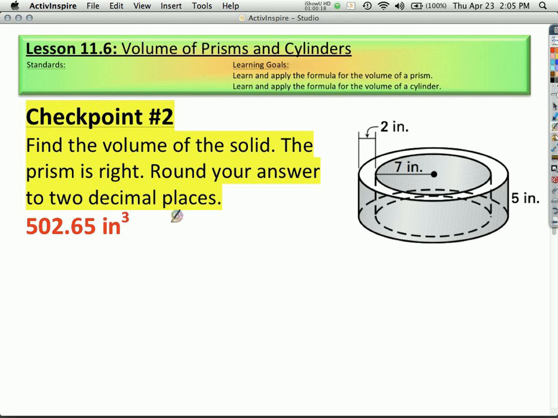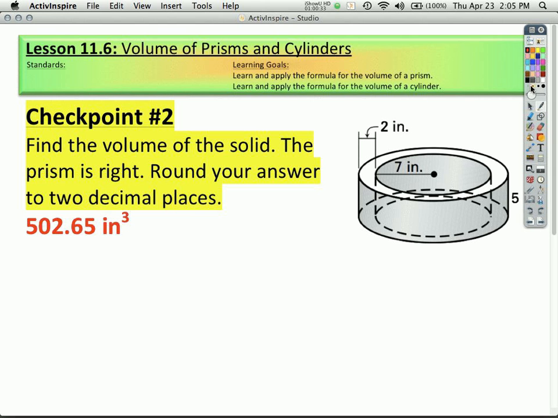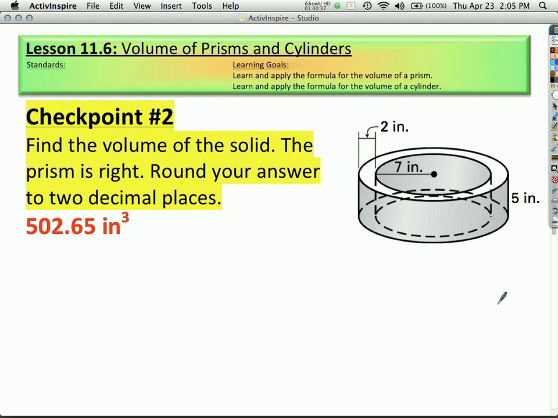That's the key, is try to wait as long as you can to round. That will improve accuracy. So we had some discrepancy, some disagreement. So now we need to figure out where we went wrong and ask questions. Questions, concerns, where did we go wrong?